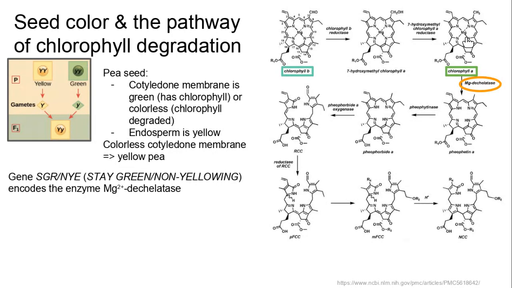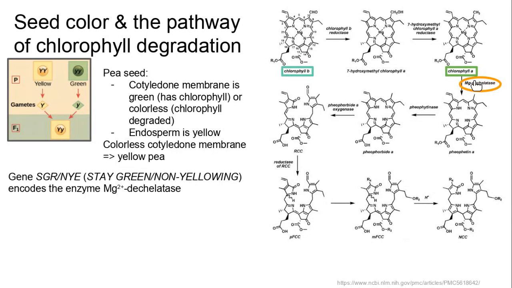And then this is where the magnesium dechelatase comes in. So it does this function, and if all of these, these are all enzymes that are making these conversions, if they're all working, in the end, this thing is colorless.